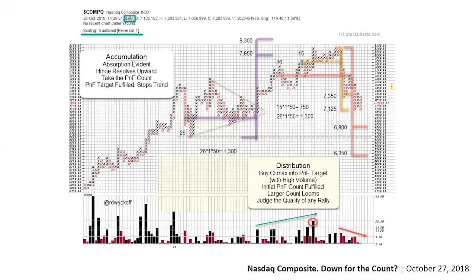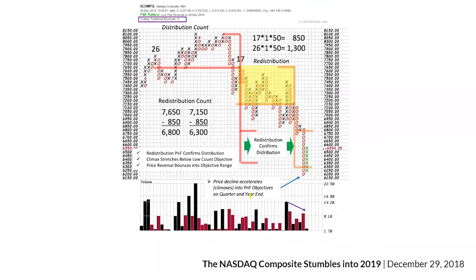And then here you can see point and figure analysis can be done on these areas. And so the shaded area was the area that we took distribution counts. And you can see here a count to 6,800, 6,350. And also notice the beautiful accumulation count that went right up to the highs. And here is where it went.